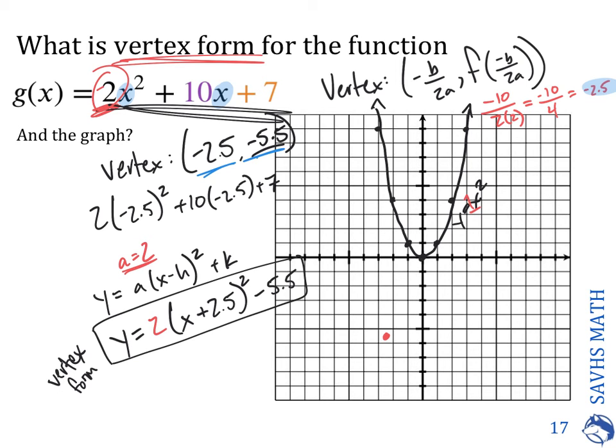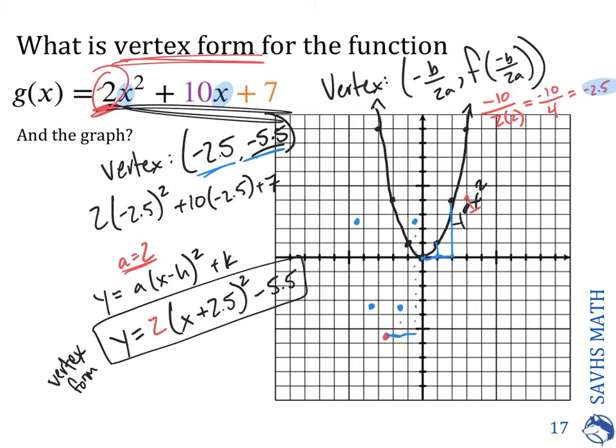So normally I would start at the vertex and go over 1 and up 1, but this time I'm going to go over 1 from the vertex and up 2 because the scale factor is 2. Normally from the vertex I would go over 2 and up 4, but since my scale factor is 2, I'm going to go over 2 and up, not 4, but 8. 1, 2, 3, 4, 5, 6, 7, 8 right there.